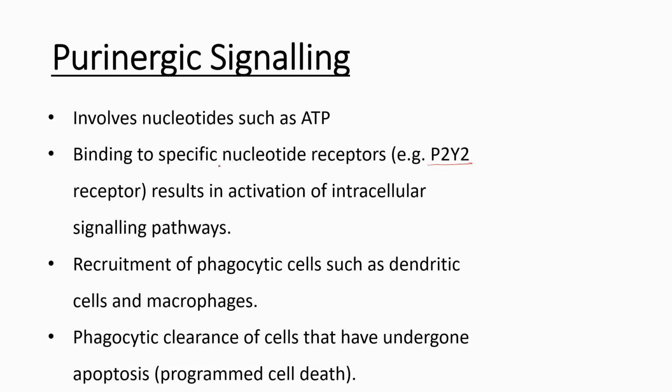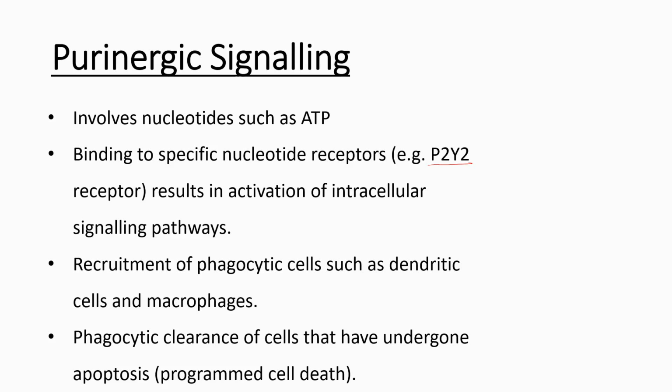Now, when this happens, this will result in intracellular signaling, or intracellular chemical messages inside that cell, which will activate the cell or change its behavior. So, for example, if we have a cell that's undergoing apoptosis, which means programmed cell death.